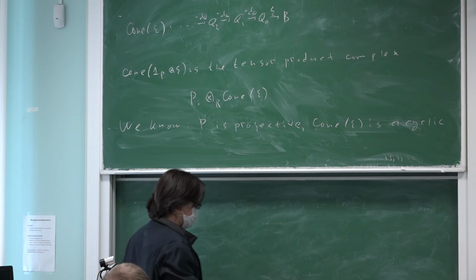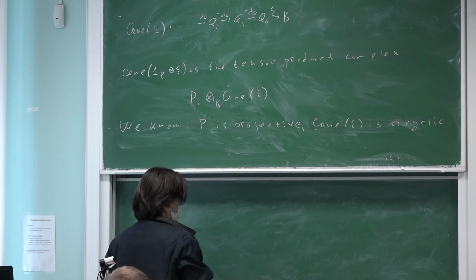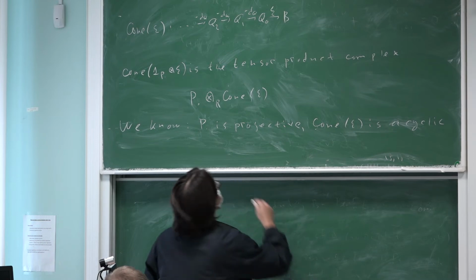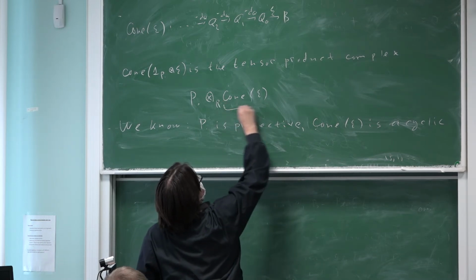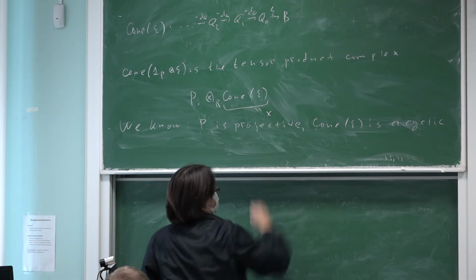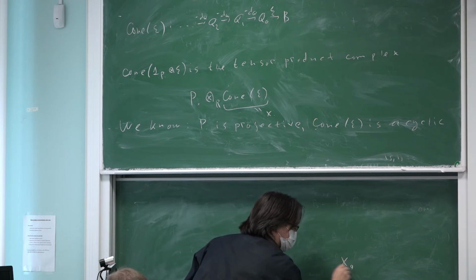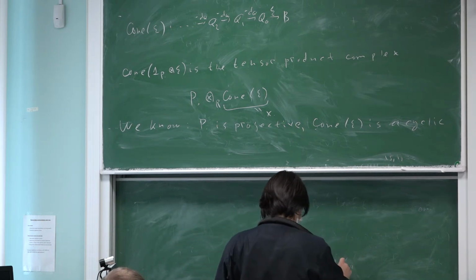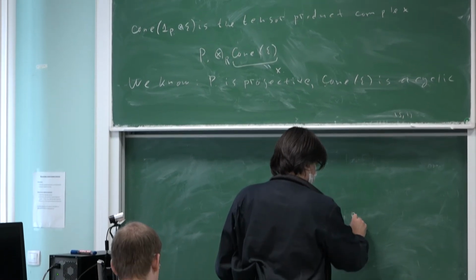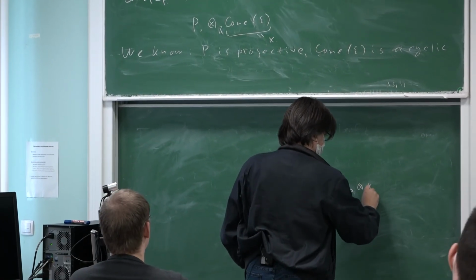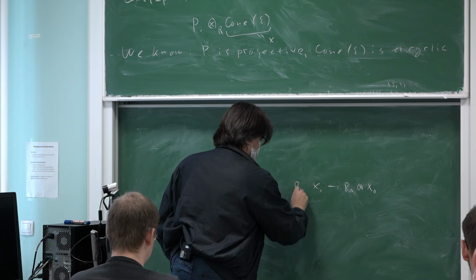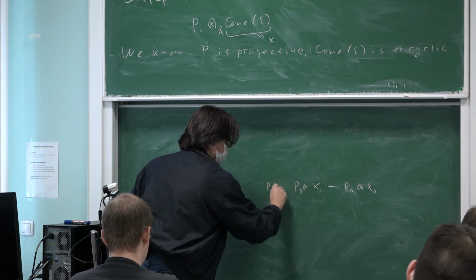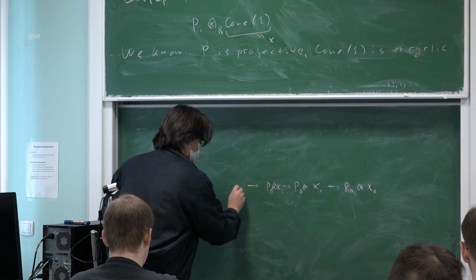So if you look at this complex, what's this? Let's denote this complex by X. It is X0, P0 tensor X0, P0 tensor X1, P0 tensor X2, and so on.